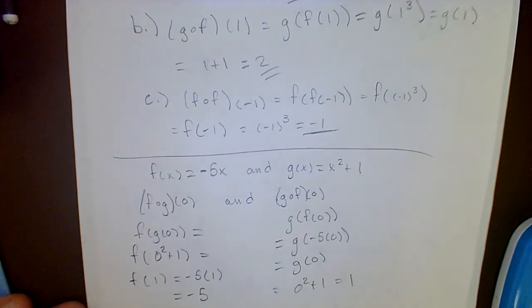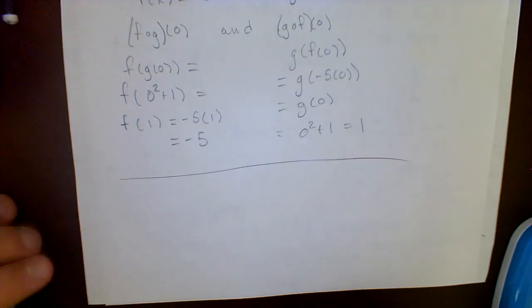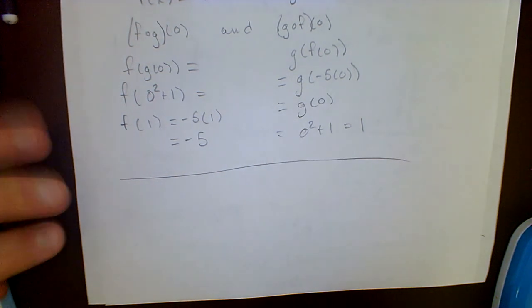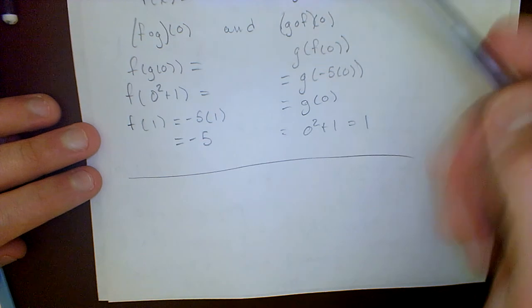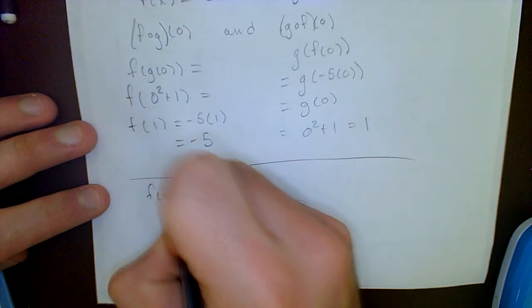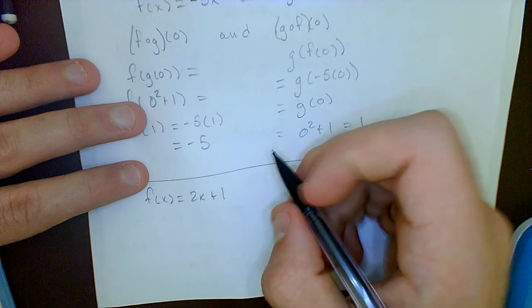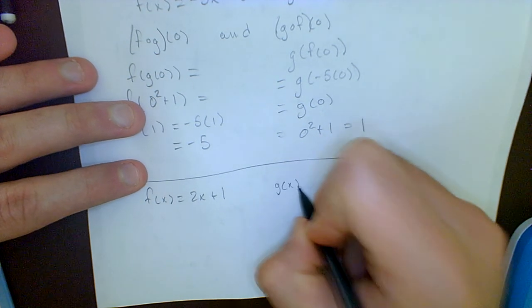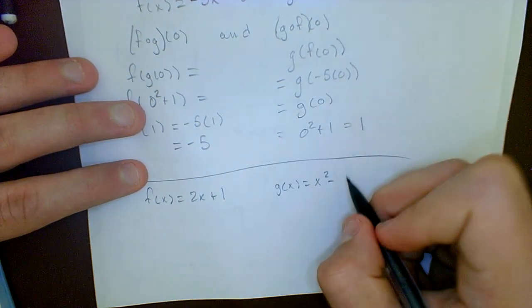Okay, so that's how you evaluate composite functions. So now let's find some composite functions. This is kind of what I just did in the example before these two. In this one, f of x is going to be 2x plus 1, and g of x is x squared minus 3.